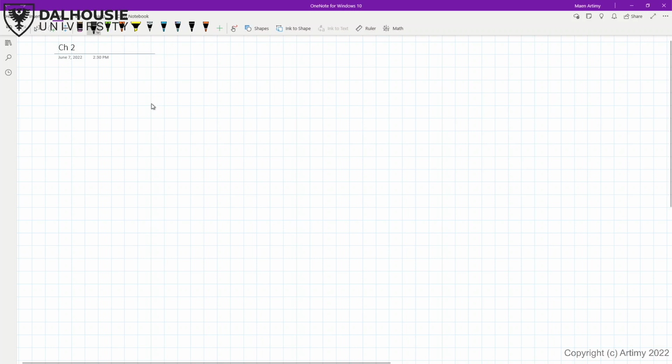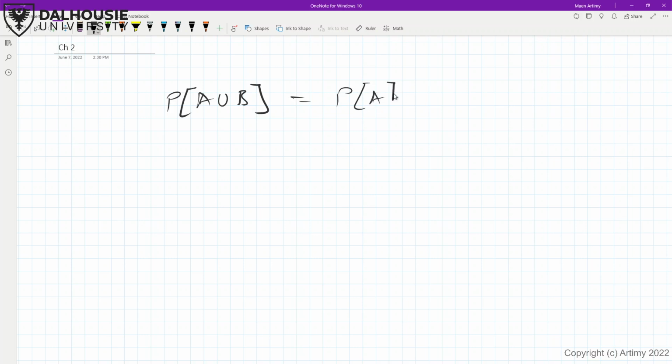So for a quick reminder, for the union of A and B, we can find the probability by calculating the probability of A plus the probability of B minus the intersection between them, which represents AND.